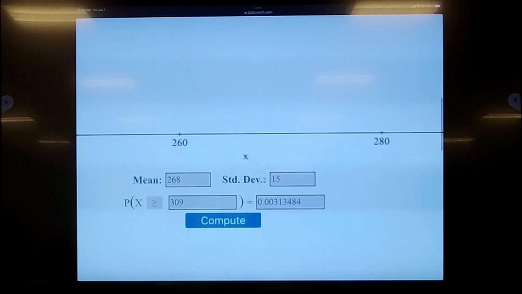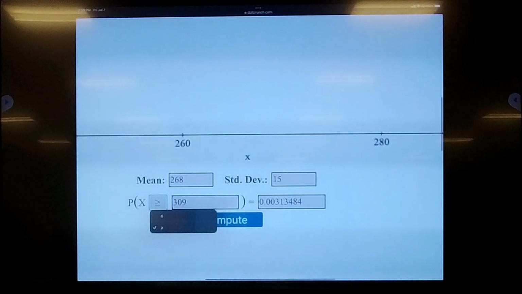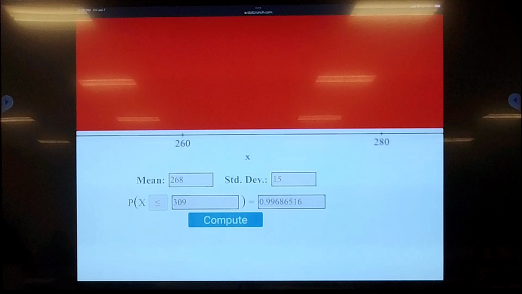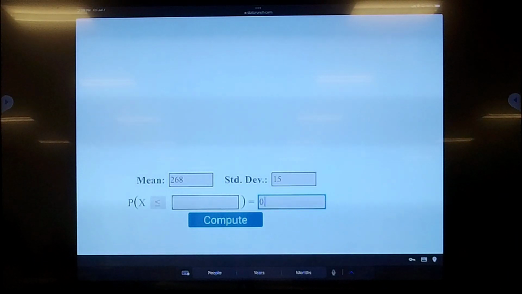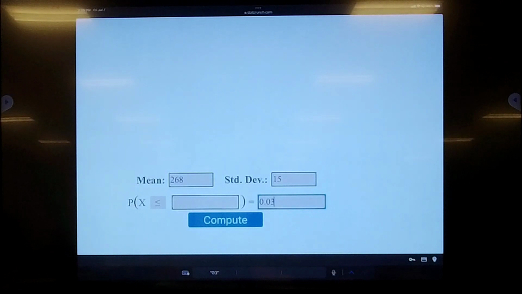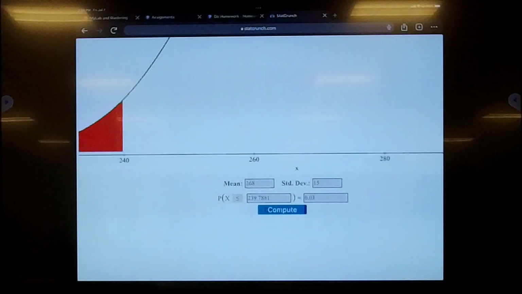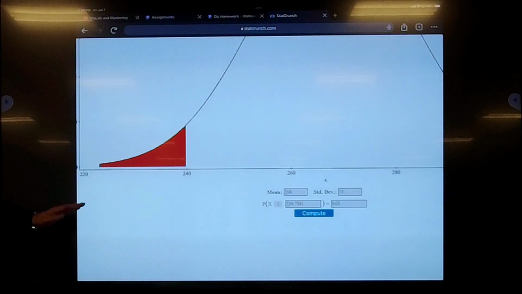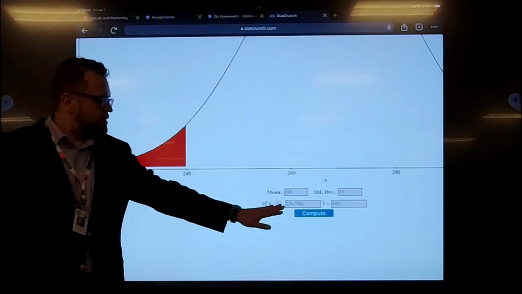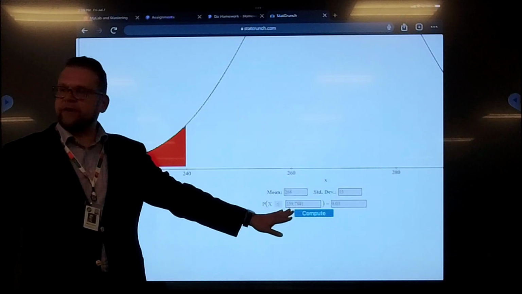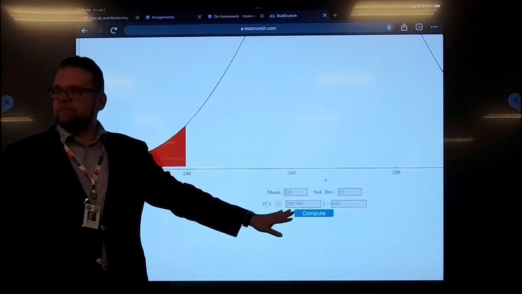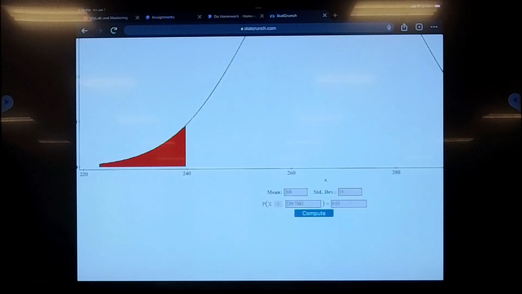I didn't close my StatCrunch, so it still has my mean and standard deviation plugged in, and I can just say 3%. And when I hit enter, it paints 3% of the area on the low side, and it's 239.7 days, so 240 days. A 240-day pregnancy or shorter will be premature.